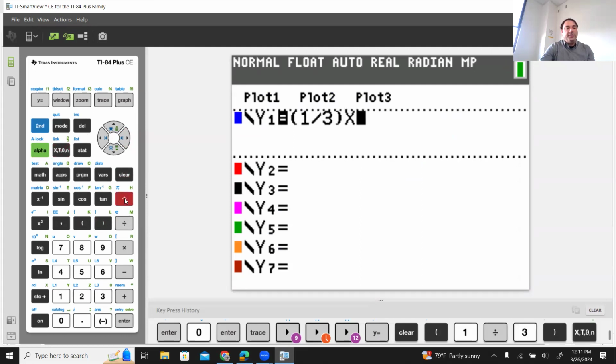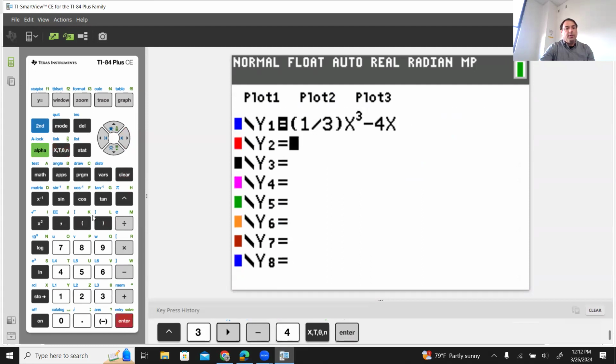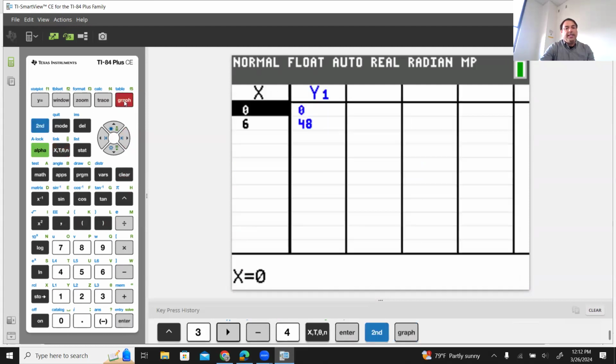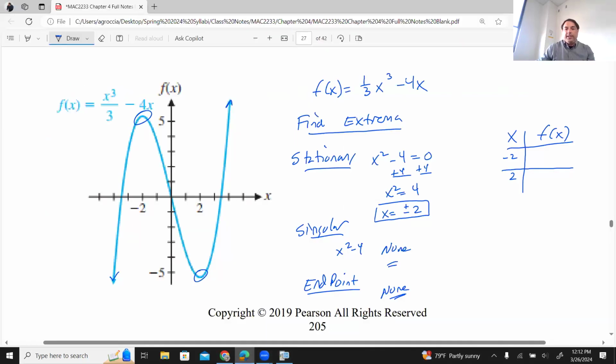X raised to the 3 minus 4x, second table, -2 gives you 5 1/3, and 2 gives you -5 1/3. So we get 5 1/3, we get -5 1/3. We can verify -2, 5 1/3.